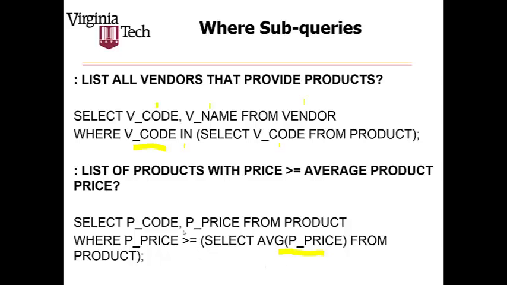And then we look at every row in product and compare the price of that row to the value of the average price calculated across all rows. And the optimizer is just smart enough to run this query first and get that value, and then run the second query and find the rows from product.